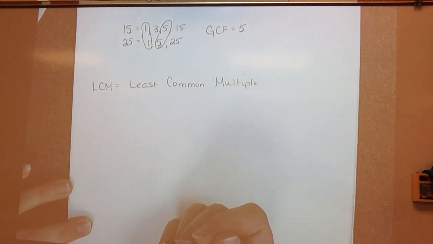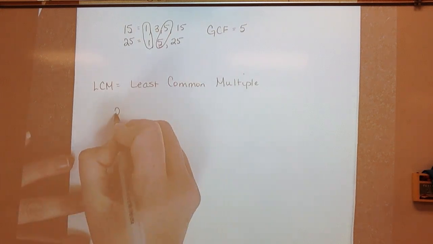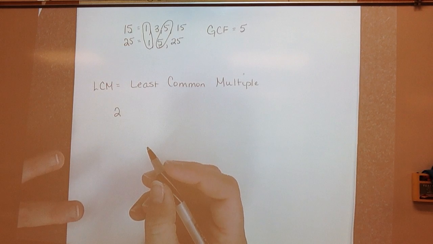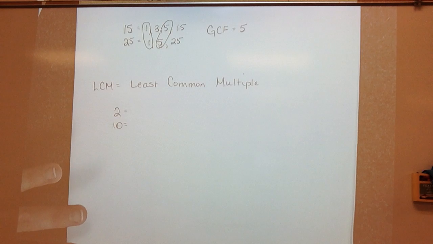Let's say that I want to do the LCM of 2 and 10. Once again, I'm looking at multiples. So I'm going to list. Guys, there is no possible way for you to list every multiple of the number 2.